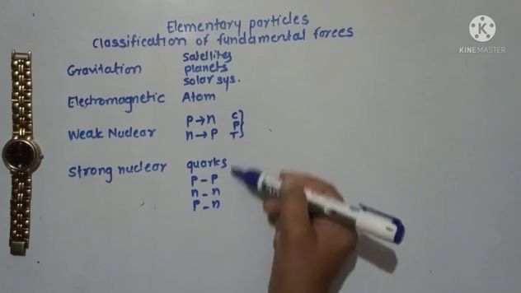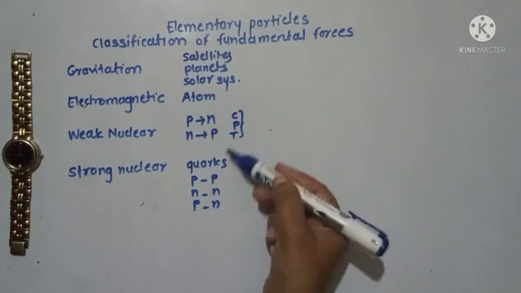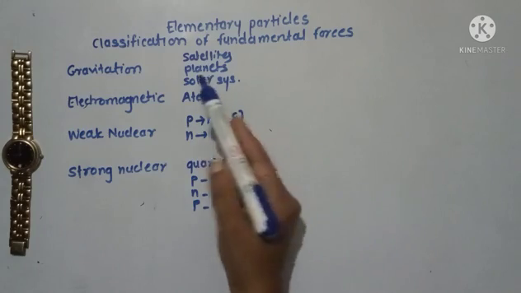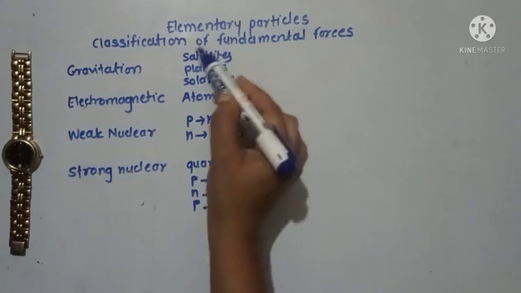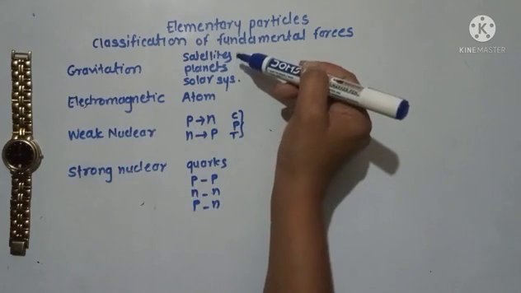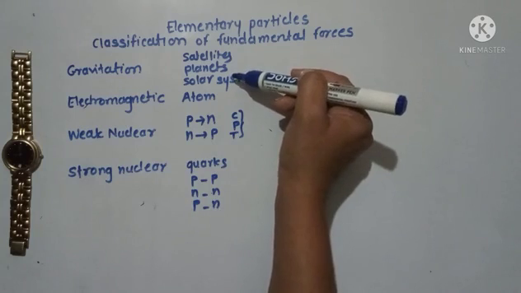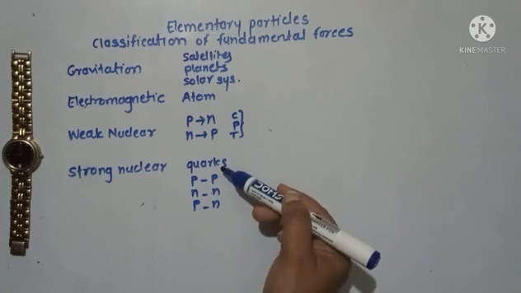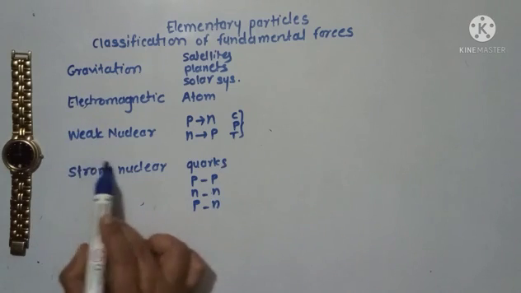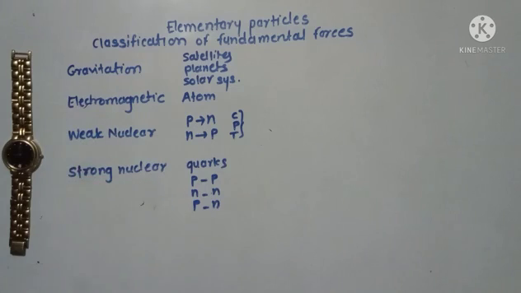Thus we have classified almost all forces which are present in the universe. These are the four basic fundamental forces which cover all these areas, starting from the satellites, the solar system, the galaxies, to the protons, neutrons, and quarks.